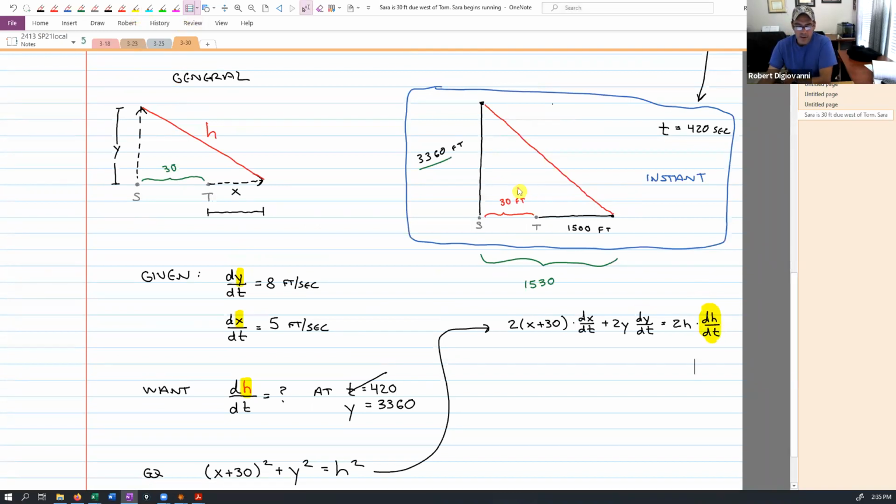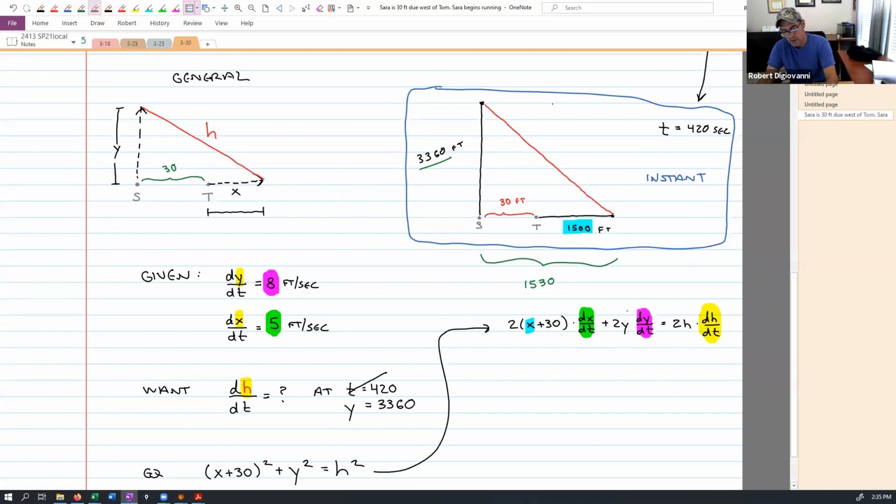But now we can look at this picture. At the instant in time, we know what x is, right? Isn't x 1500? dx/dt is 5. dy/dt is 8.